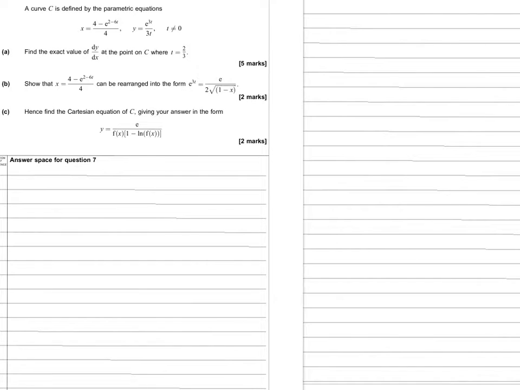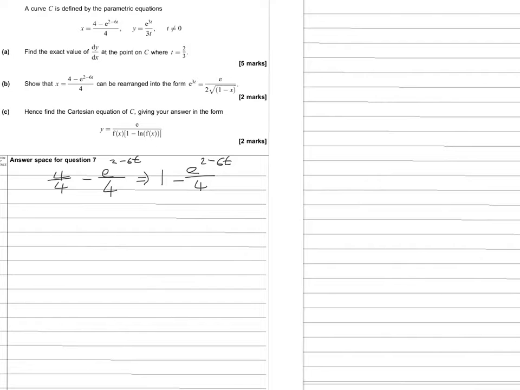Okay, so I guess we'll start with x equals 4 minus e to the 2 minus 6t over 4, which is 1 minus e to the 2 minus 6t over 4.